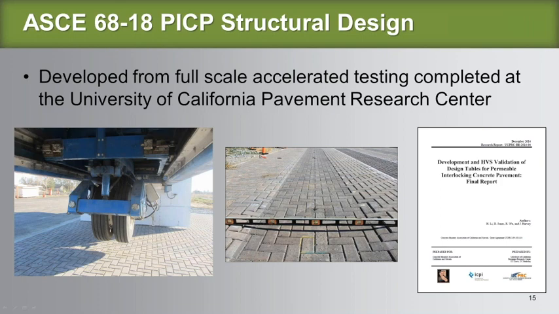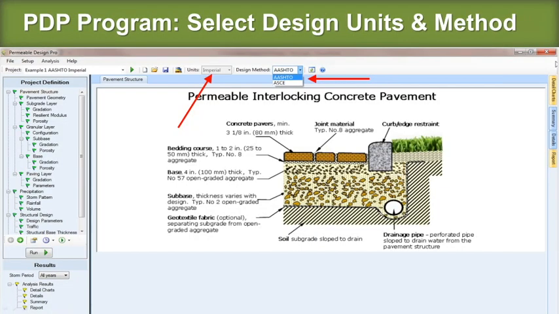We did it in soak conditions and in dry conditions, and we measured the deformation or the distresses that we saw. The distresses are typically rutting-based, so that's what you see in the middle there. There was an extensive technical report. All of that methodology was then incorporated into the ASCE document, as well as this Permeable Design Pro software. All right, so that's your background.